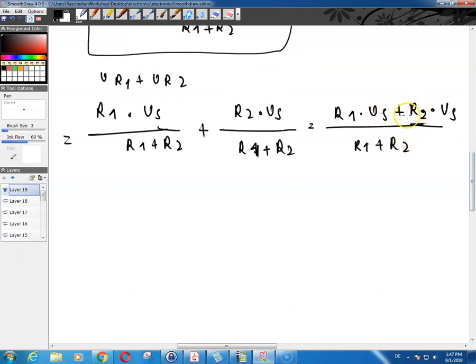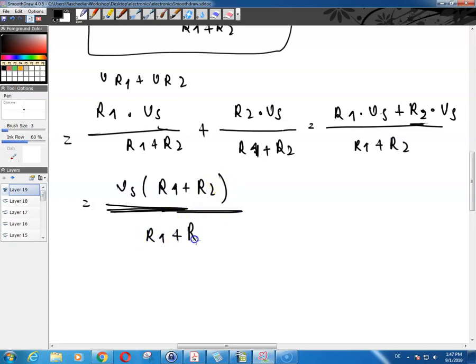So I can take V of S out and write it as R1 plus R2 over R1 plus R2.